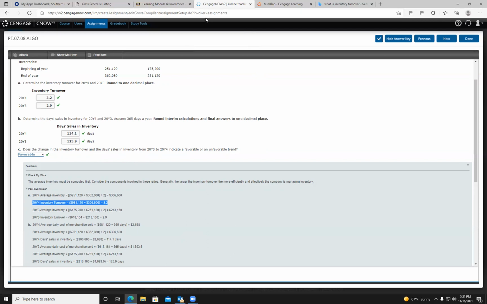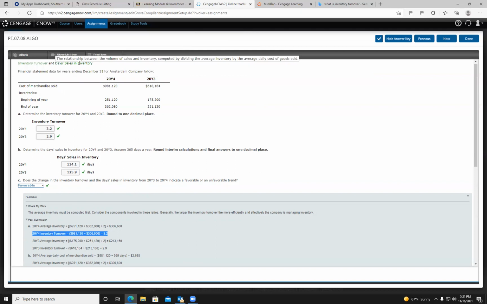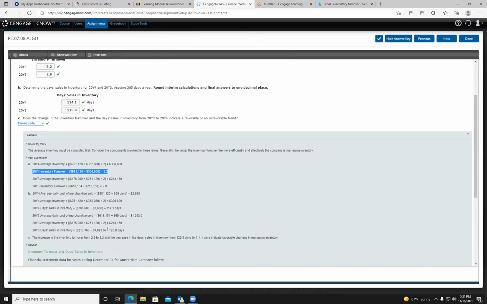Again, this is a relationship between the volume of sales and inventory, and it is calculated by dividing the average inventory by the average daily cost of goods sold. So how do we get the average daily cost of goods sold? Well, let's look at this right here. We get an example of it right here.